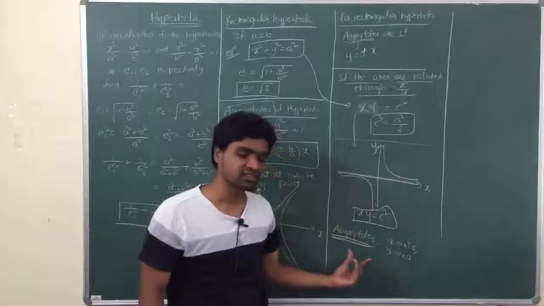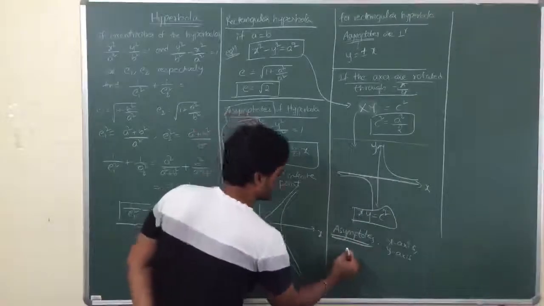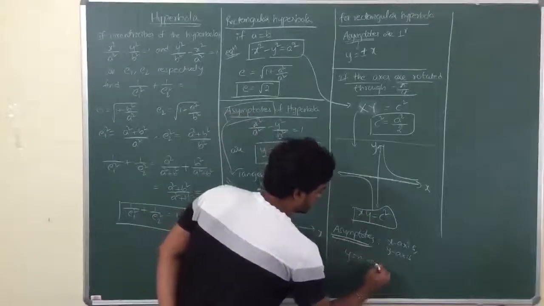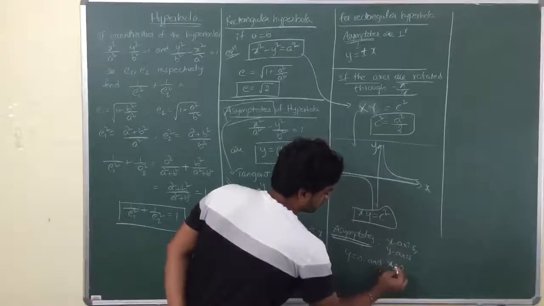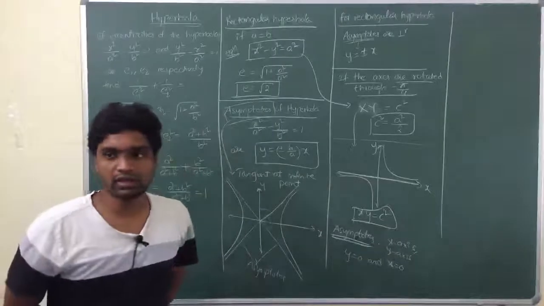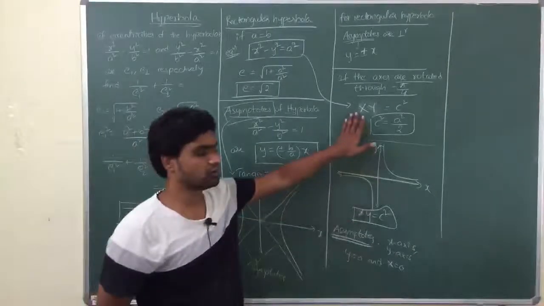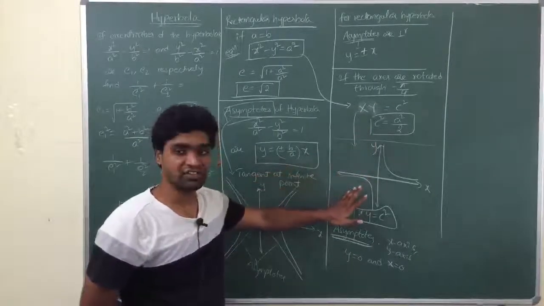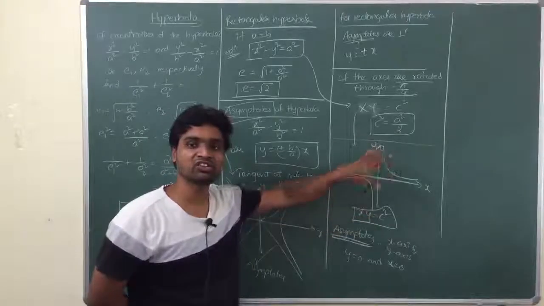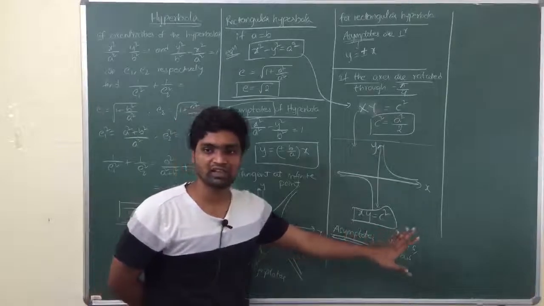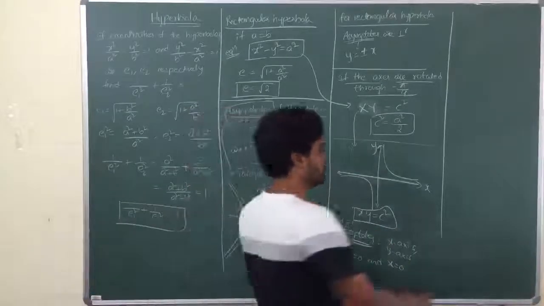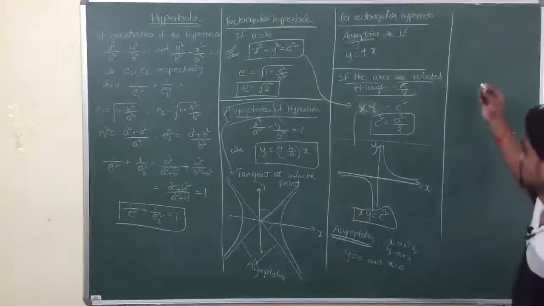So x and y axis are the asymptotes. What are the equations? Y is equal to 0 and x is equal to 0. Okay, so here I rotated the axis. Here I'm not changing the position of axis, I'm changing the position of hyperbola itself. So now the equation will be simply x into y is equal to c square. Okay, x into y is equal to c square.